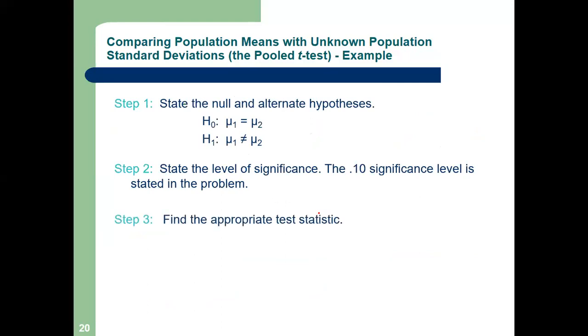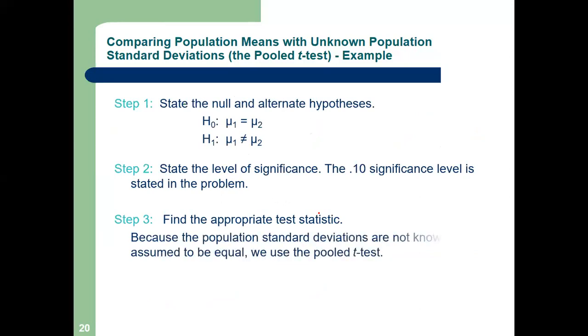The test statistic we are going to use is the pooled t-test. Why? Because population standard deviations are not known, right? Is this clear? Step 1, 2, 3. Is it clear?